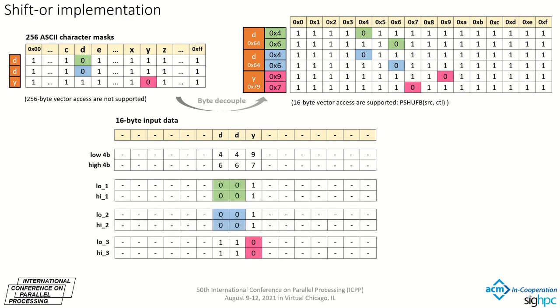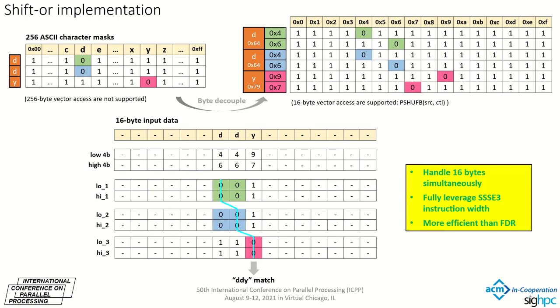Then we convert a half byte to 1 byte. The reason for this operation is to prepare for the next step. Then we pick up the position of matching. As we can see, Teddy can handle 16 bytes simultaneously after using byte decoupling.